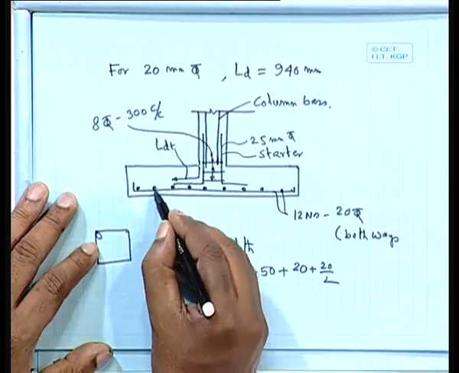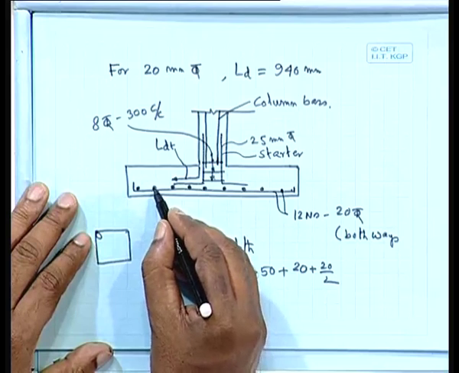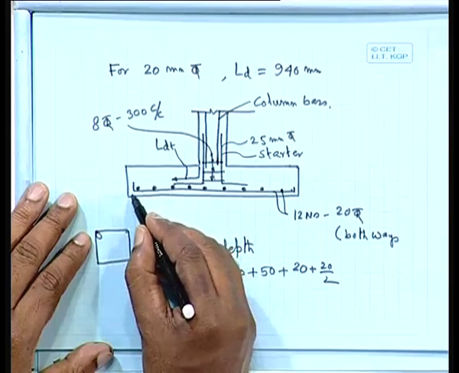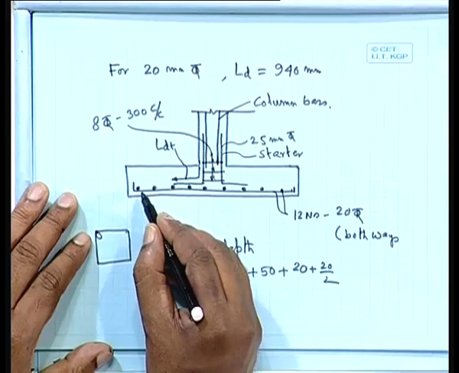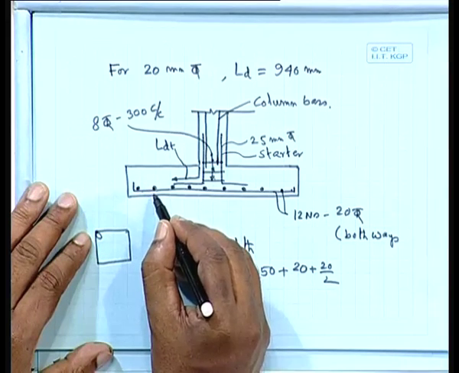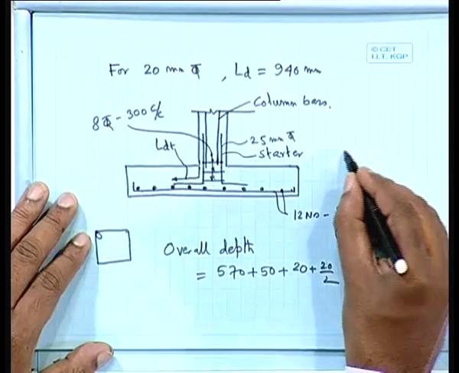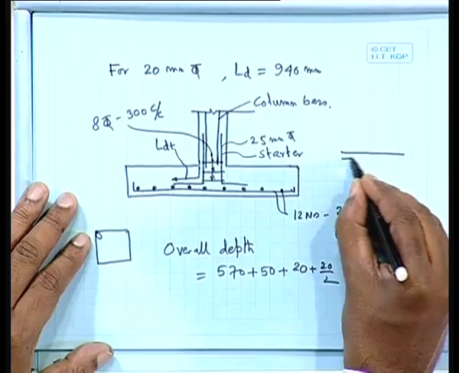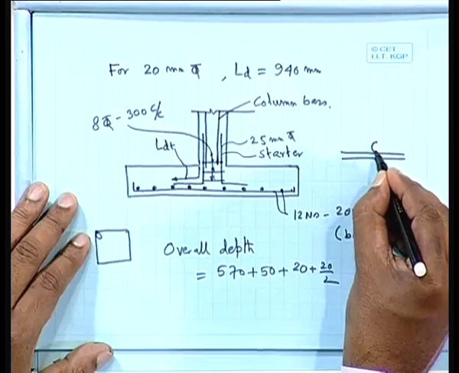We are taking this because the other way also you have to provide. One way you are getting 570, but we should not stop here, because if this is your one side bar, the other side we also have a bar.